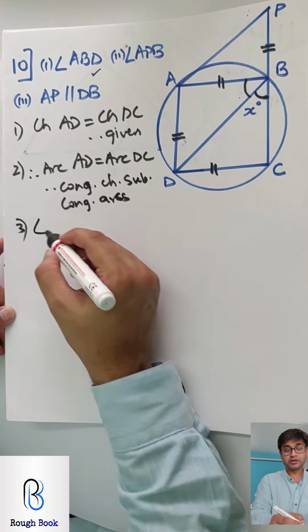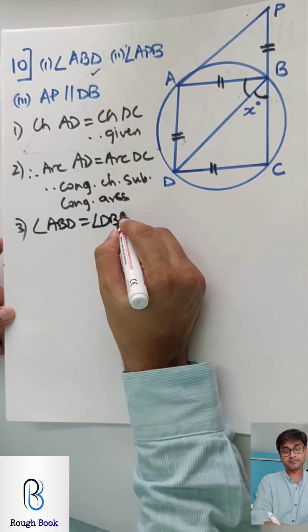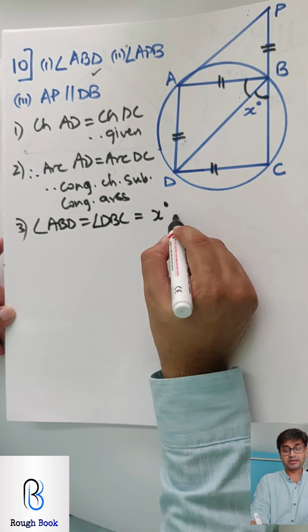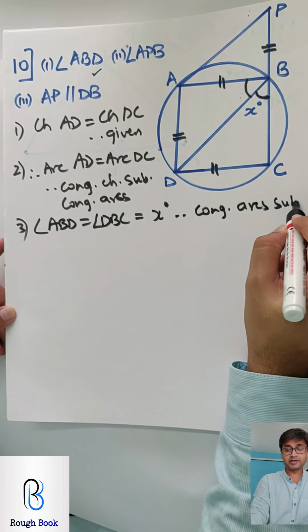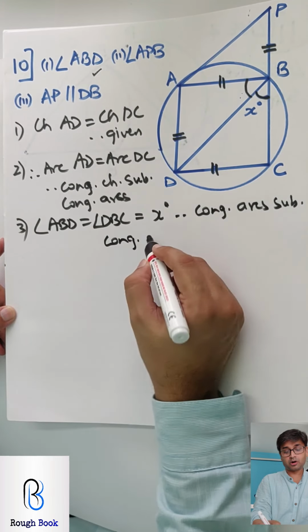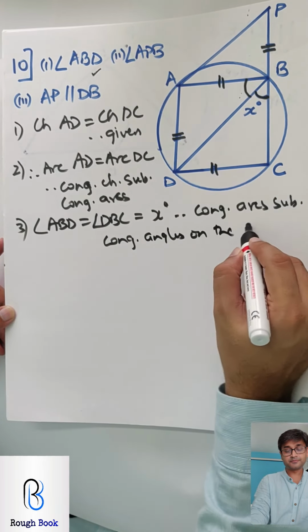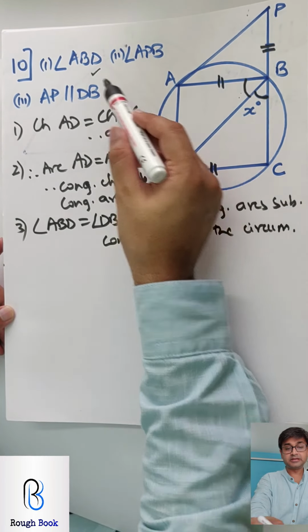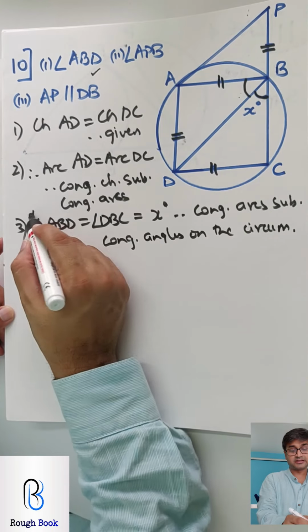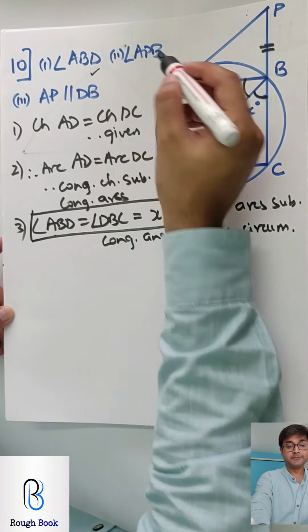Now angle ABD equals to DBC equals to x. Congruent arcs subtend congruent angles on circumference, and therefore you got DBC or ABD also as x. So that's the first part that we were looking out for, ABD.